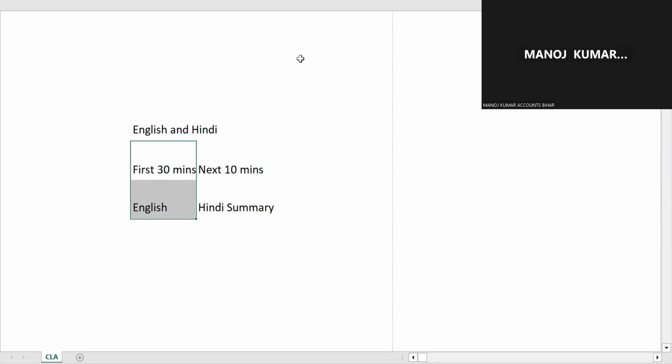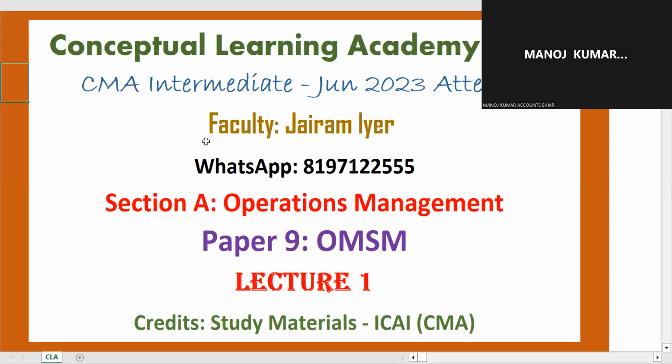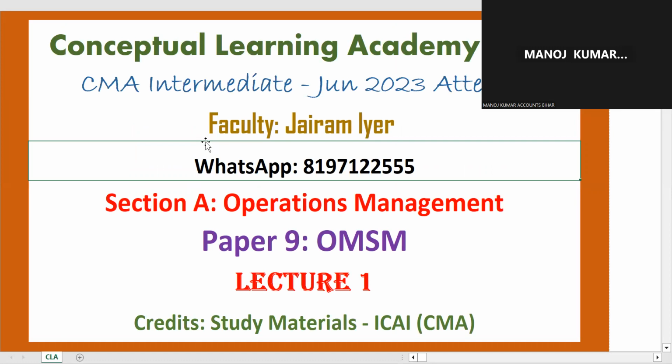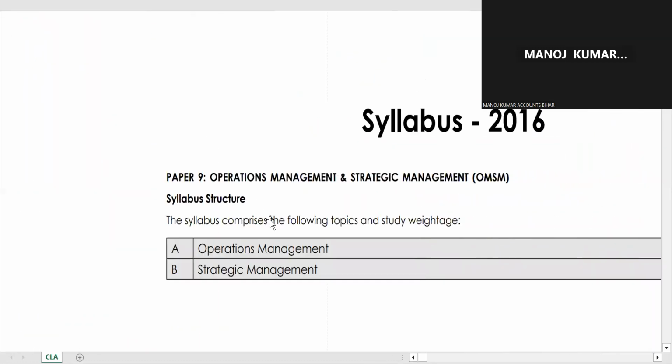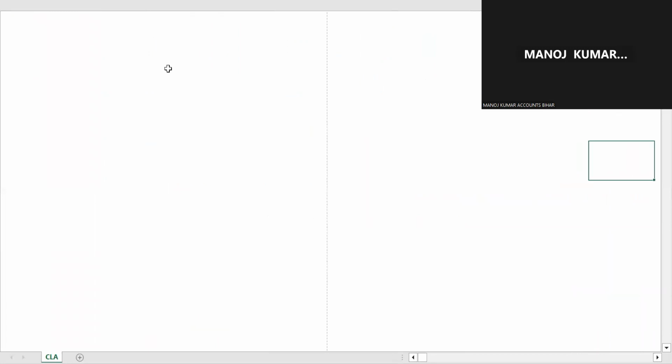Fine. So this is how we are going to conduct it. Now, about your chapters. I'm just taking you through the chapters. We have got 7 chapters in all in operations management.